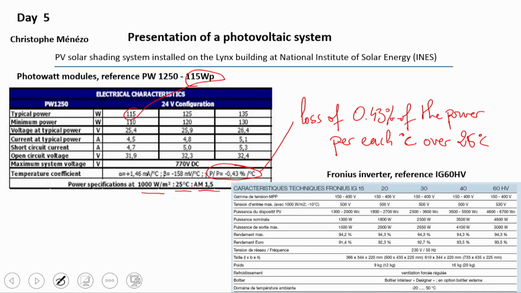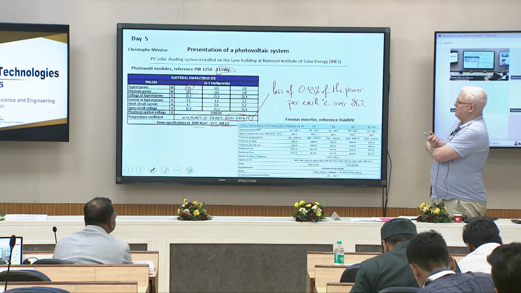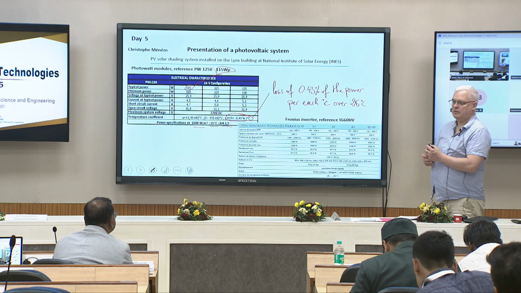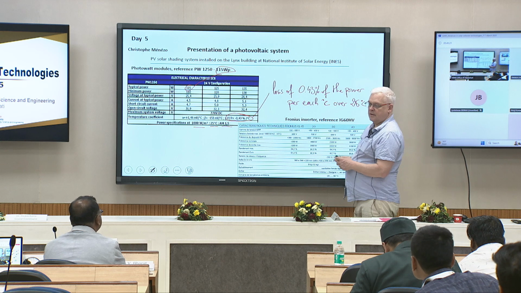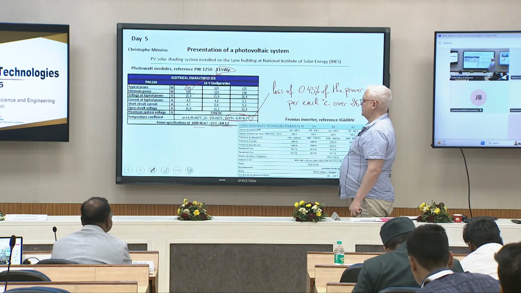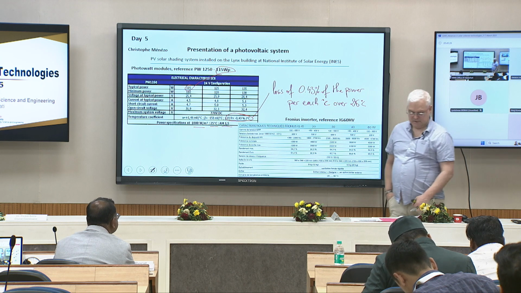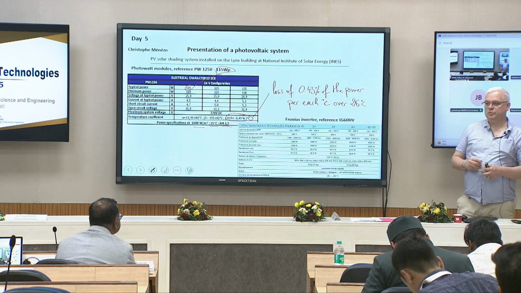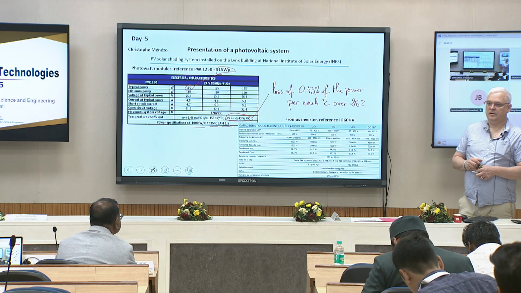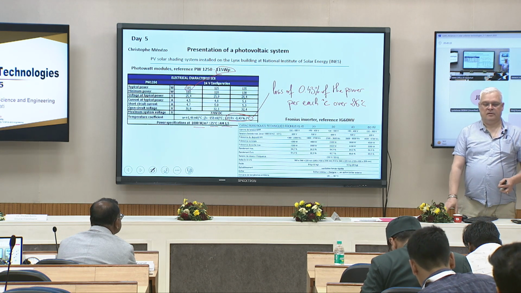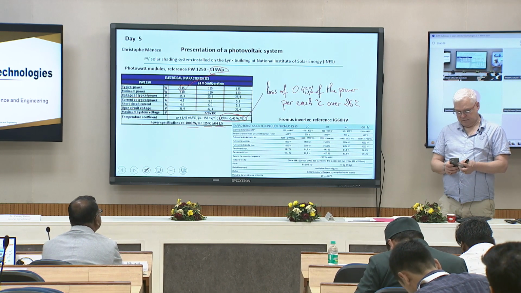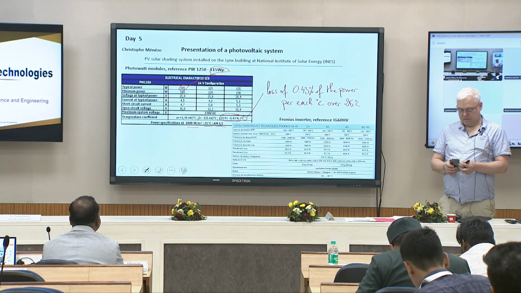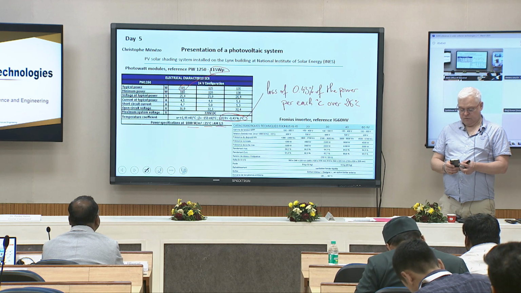Yes. Inverter power has to be more than this. Inverter input power. Yes. So what should be the input power? 44 multiplied by this, okay? 44 modules.